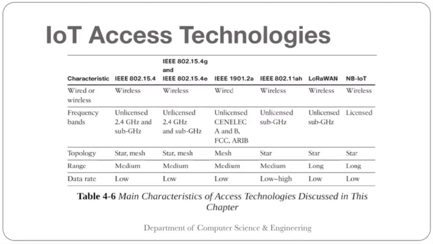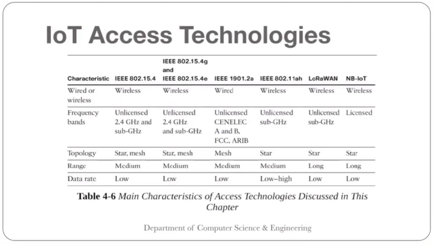Then we have IEEE 802.11ah Wi-Fi. That is also wireless, unlicensed, in the sub gigahertz band. It supports star topology, the range is medium and the data rate is low. Then we have low power wide area network.